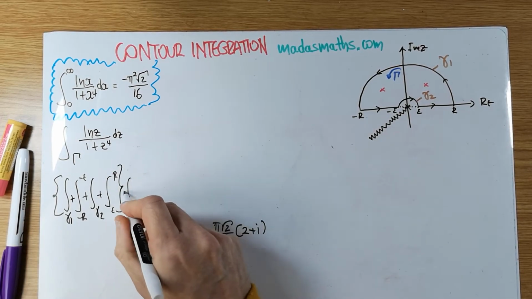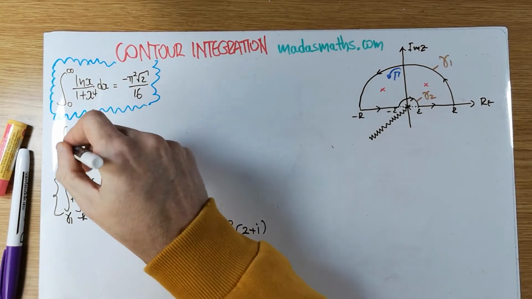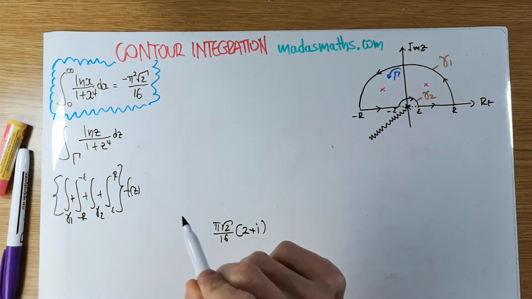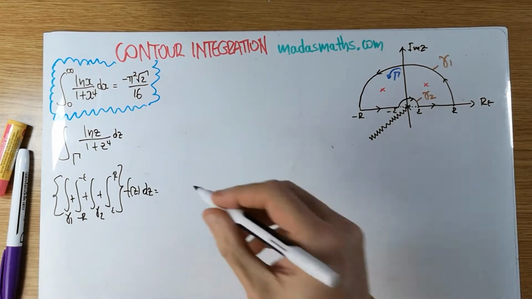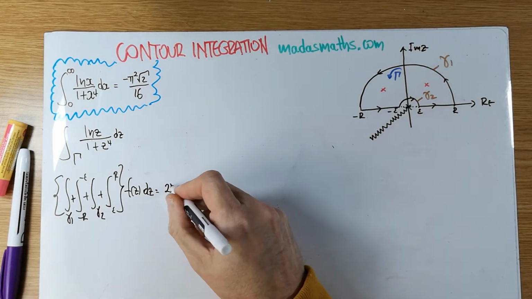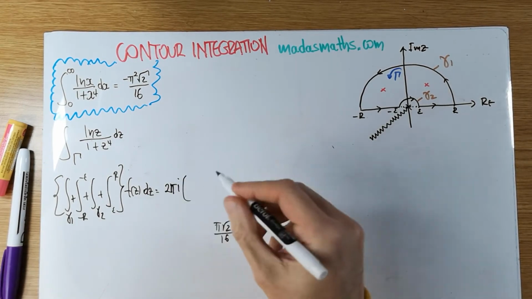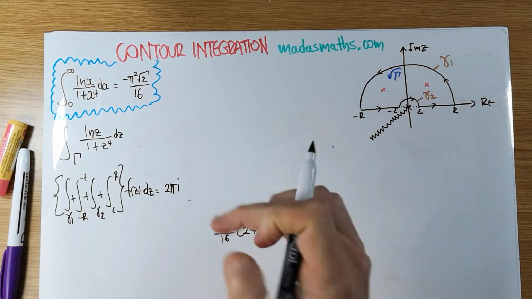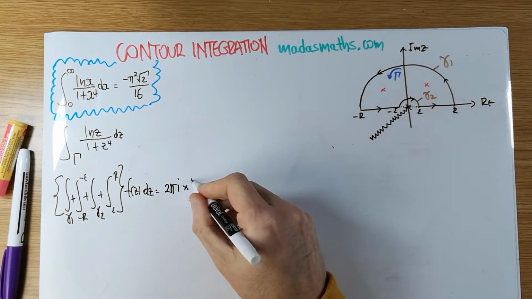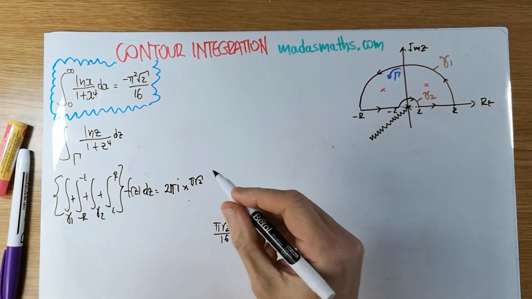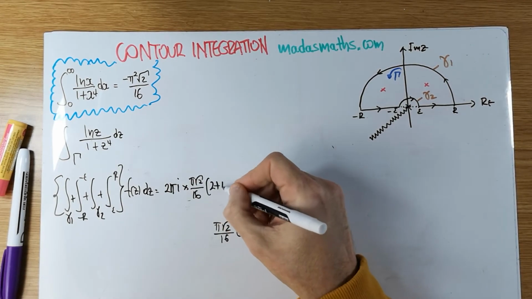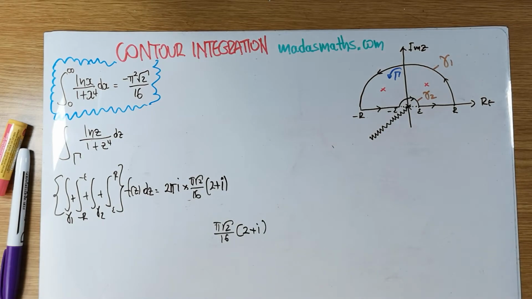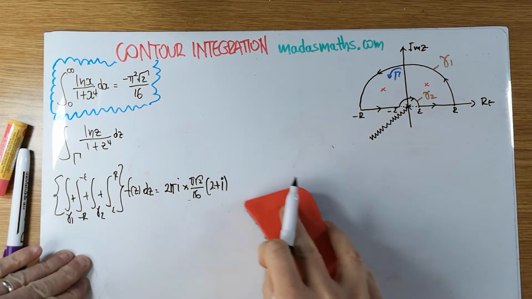Close curly bracket, f of z, where my f of z is of course the log of z over 1 plus z to the 4, dz, is equal to 2 pi i times this quantity here, pi root 2 over 16, 2 plus i. Quite disgusting, this particular expression.